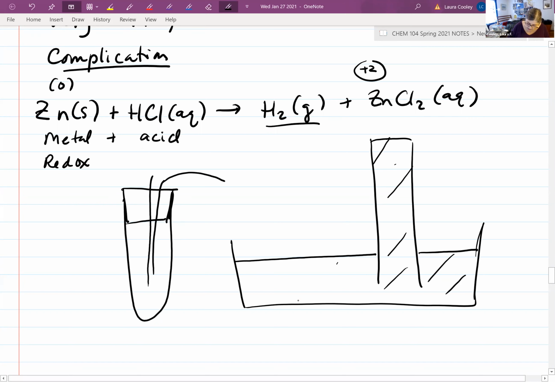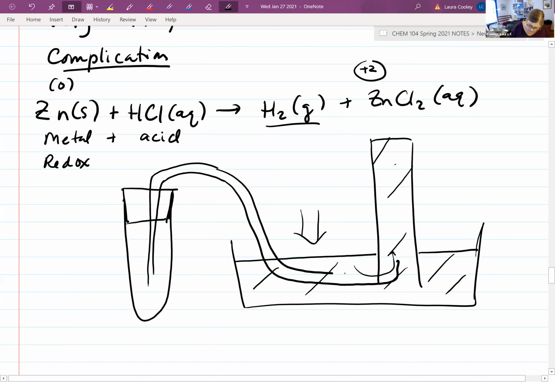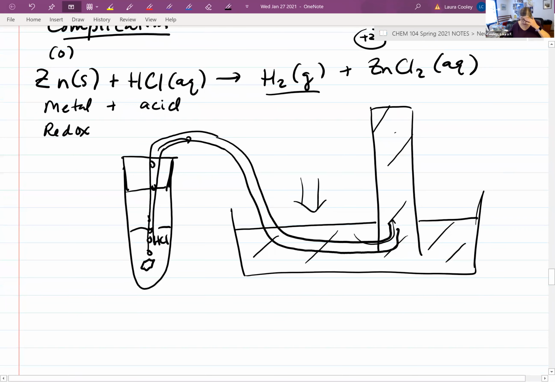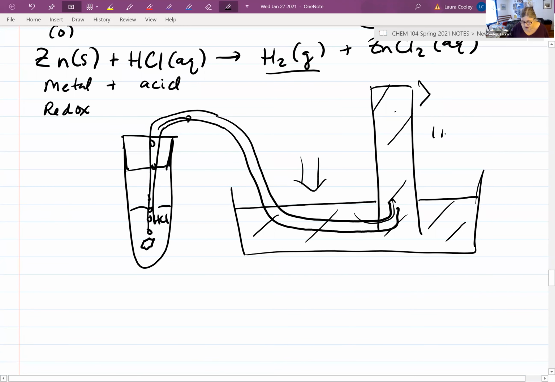We know that happens because the atmosphere is pushing on the water, pushing it up the cylinder. So we could take our tubing and put it underneath this cylinder. Now we have the reaction. Here's solid zinc, and we have HCl, and we're getting bubbles of hydrogen that come up this tube and down it and collect in here. So this is what it looks like initially.